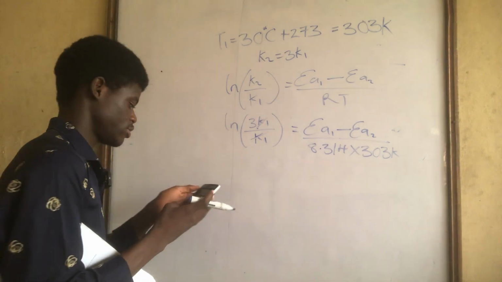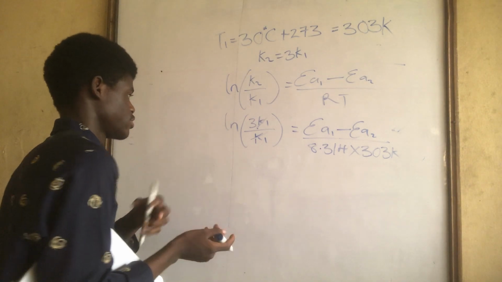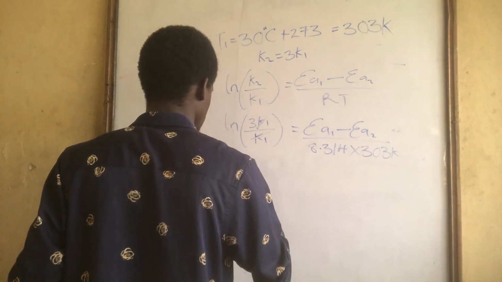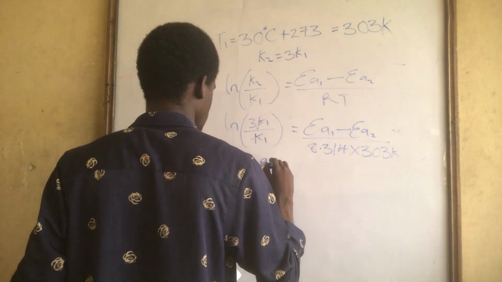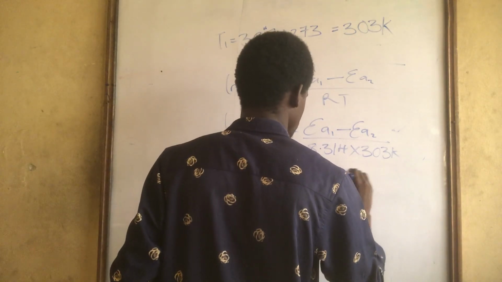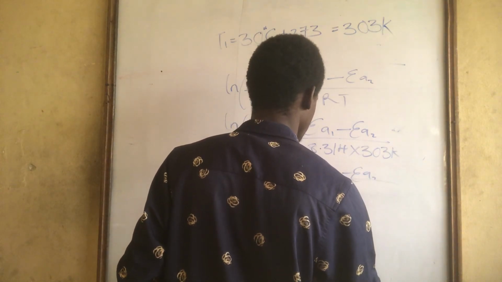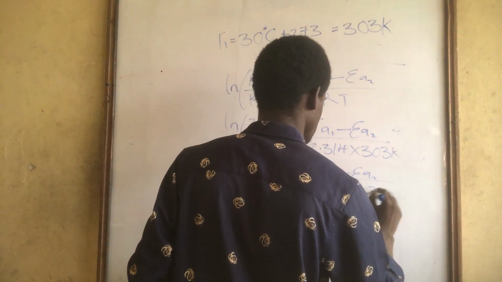So what's ln 3? Ln 3 is actually 1.0986. Let's put this down back over 8.314 times 303.